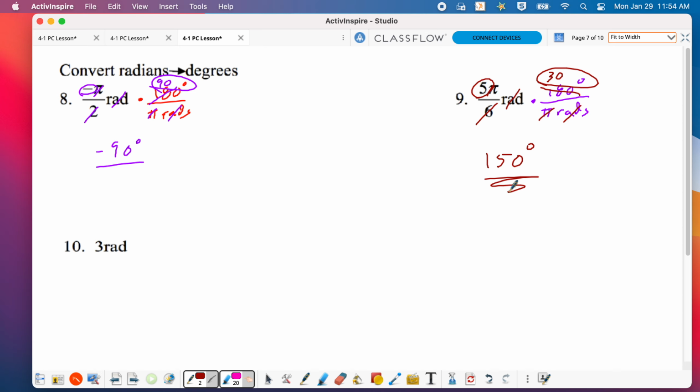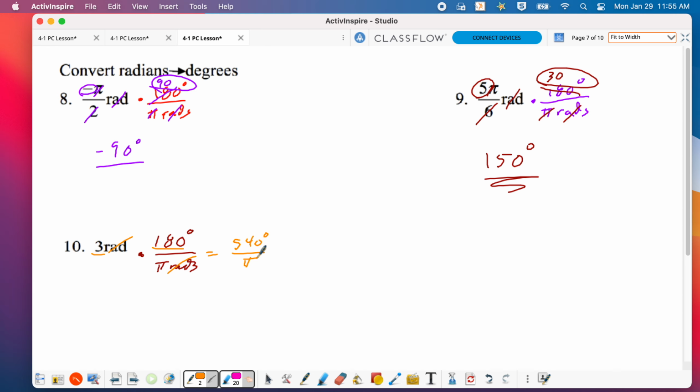All right, the last one, we're going to get a calculator out for this one. Depending on what the computer wants or what I ask for, if the computer asks for decimals, you need to write it as a decimal and round it to whatever they want. I always want 3 places, round to whatever WebAssign wants. So same idea, 180 degrees over pi rads. The only thing that cancels is my pi radians. And I'm going to get 540 degrees over pi.